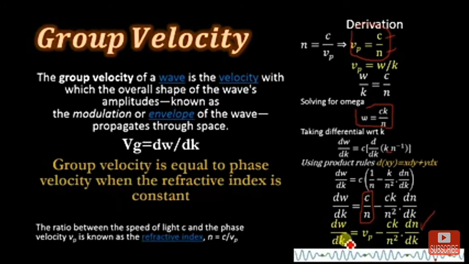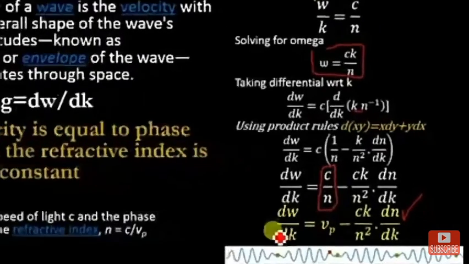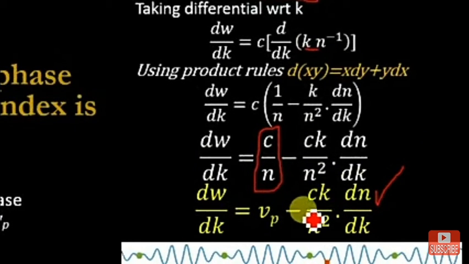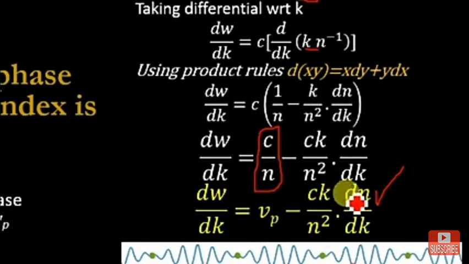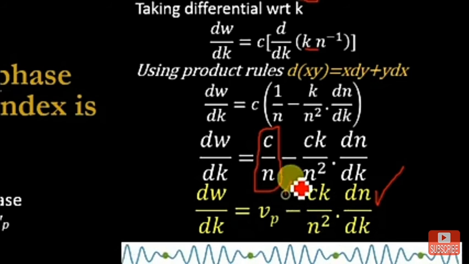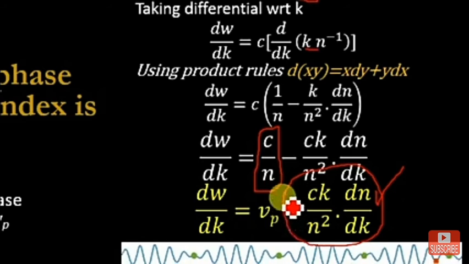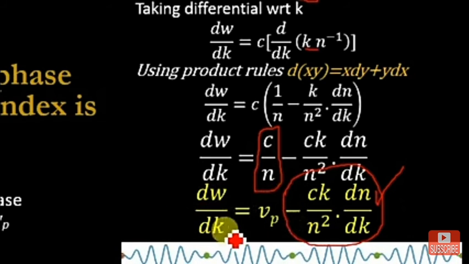From this equation, it is further clarified that the group velocity is less than the phase velocity. Here from this equation you see the group velocity is equal to the phase velocity minus ck by n square dn by dk, with a minus sign in front of this whole term.